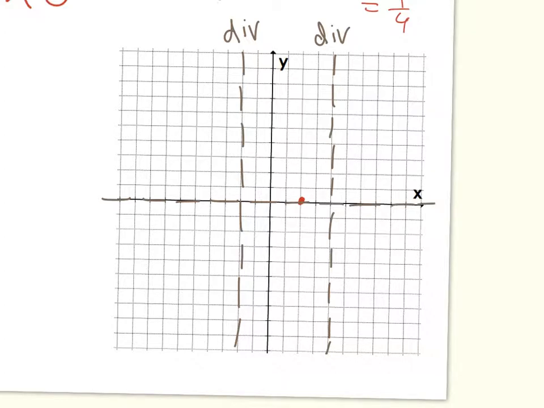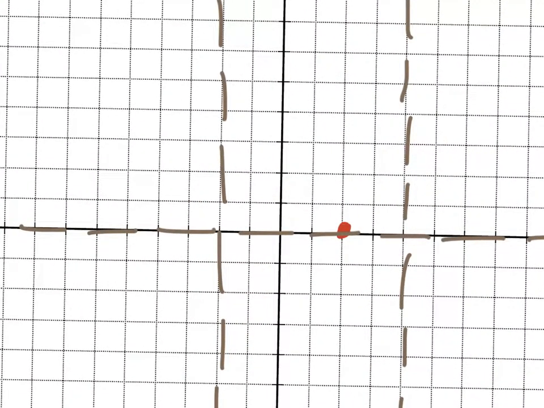There's my horizontal asymptote. And finally, we had the y-intercept of positive 1/4. So I'm just going to put a little dot right above 0 there. I'm going to zoom in so I can do a better job of this. Kind of estimate. There's my y-intercept of 1/4.